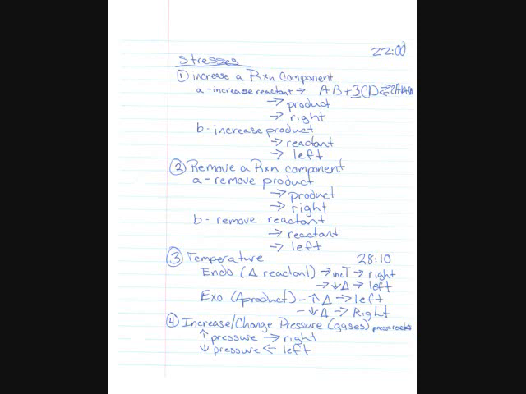So if I've got an excess of this, it's going to go that way. If I've got an excess of this, it's going to go that way. And actually, there are times when you want it to go back to your product or to your reactants, because sometimes maybe the product didn't turn out exactly as you wanted it to. But you don't want to waste those reactants, so you shift the product back.